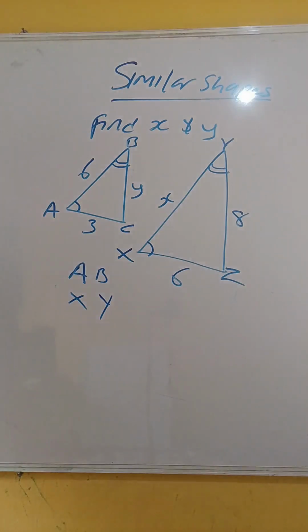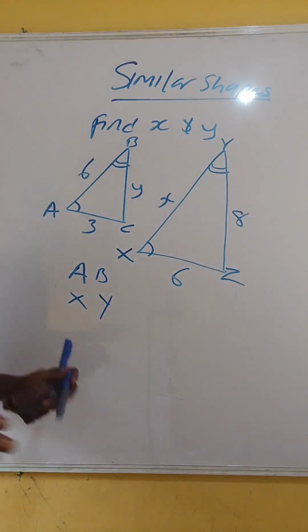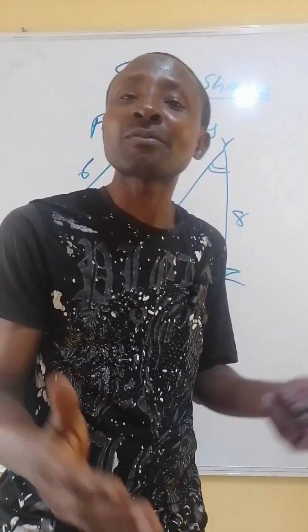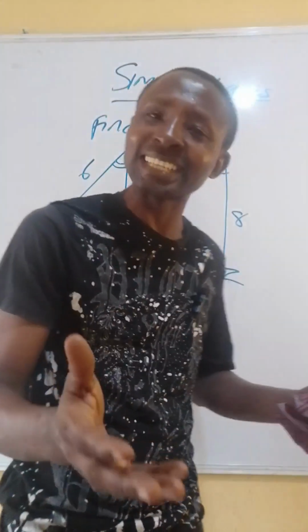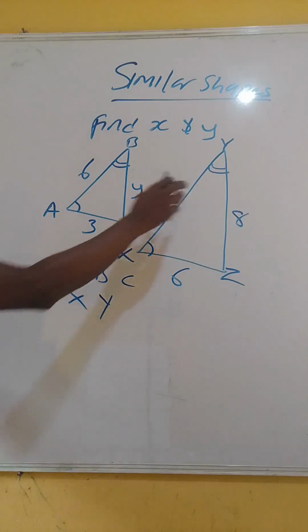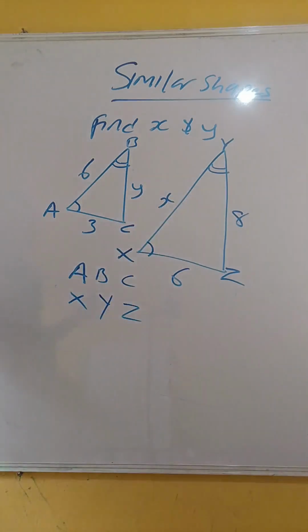Then, if two angles of the triangle are the same, automatically the third one will be the same because the sum of the angles in a triangle gives us 180. So what do we have? That means angle C automatically will be equal to angle Z. That's all. So if that is done, I said the ratio of the corresponding sides must be equal.